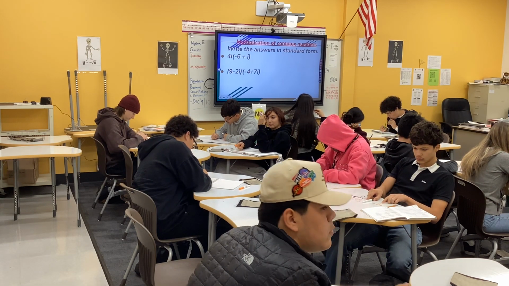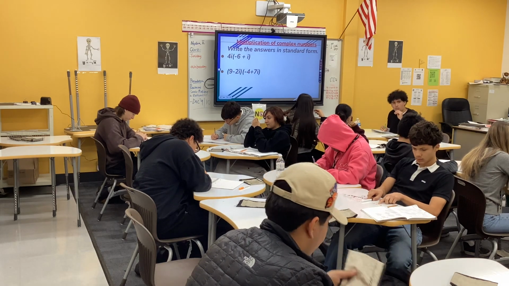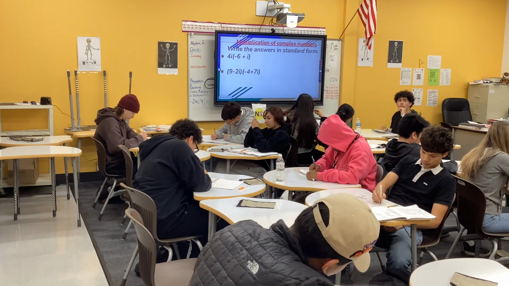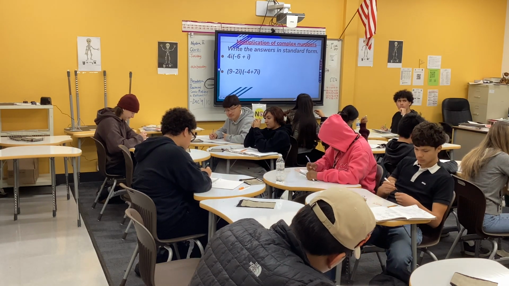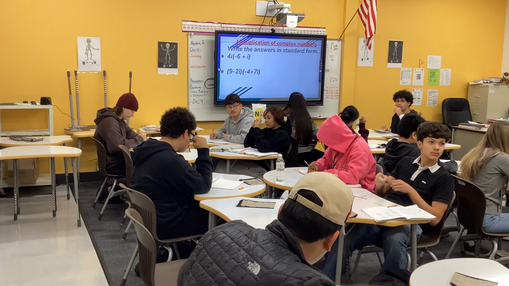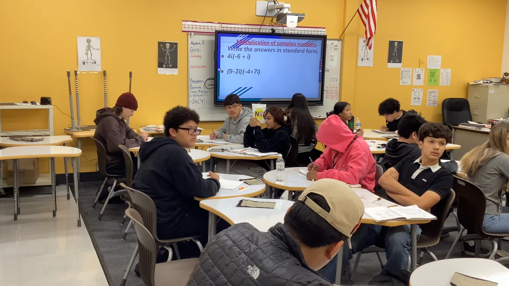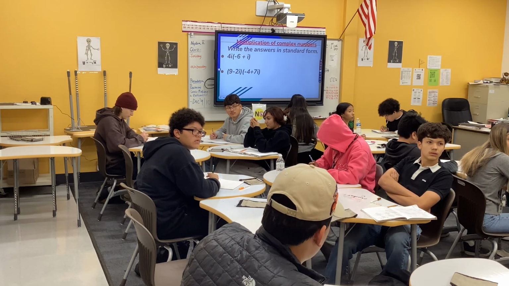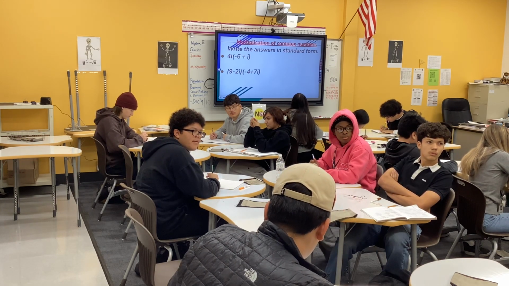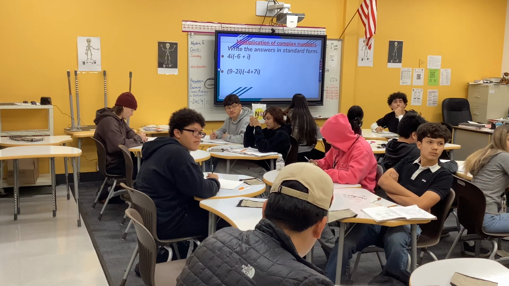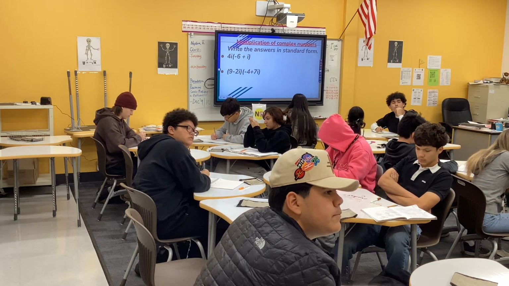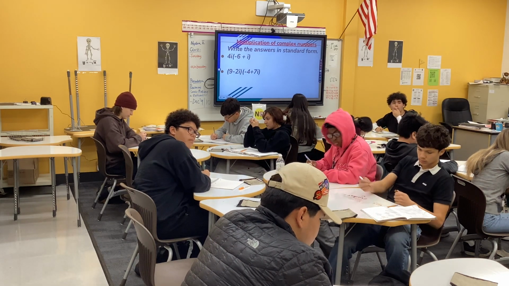Now, this is the tricky part. What do you think? 4i multiplied by your i. What do you think? 4 what? 4i squared. Excellent. That will give you 4i squared. Now, what is my 4i squared?